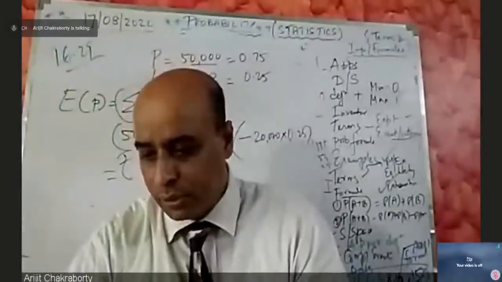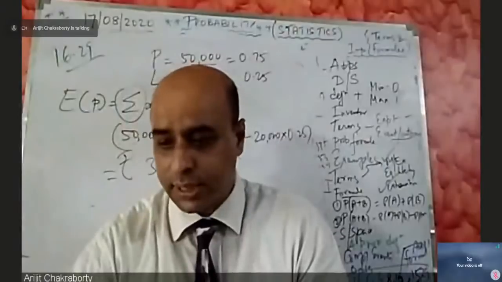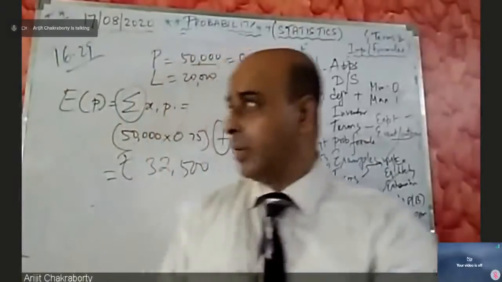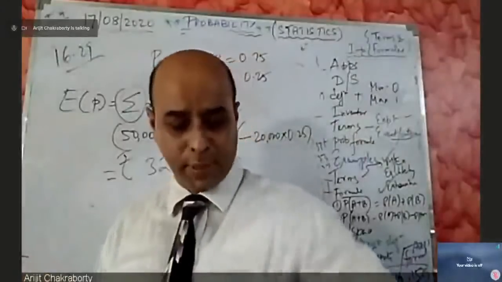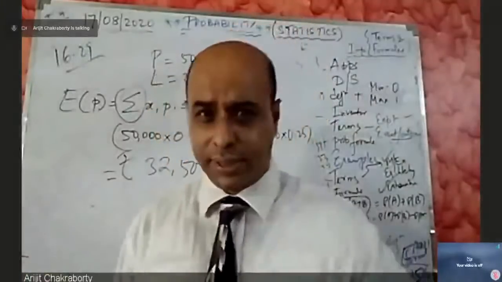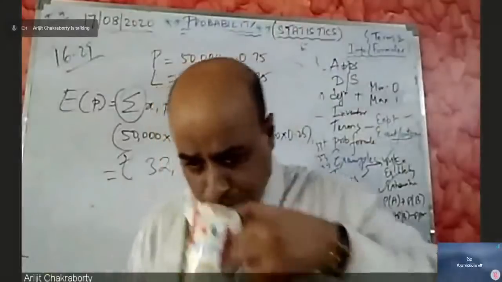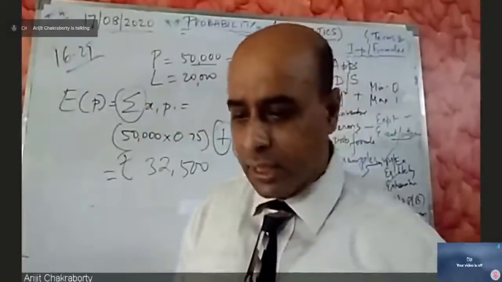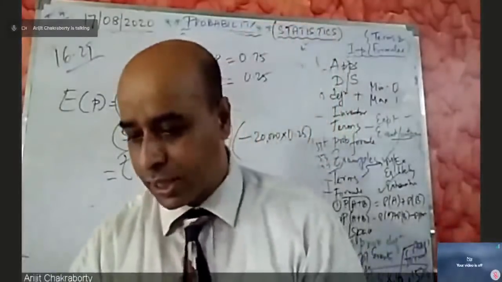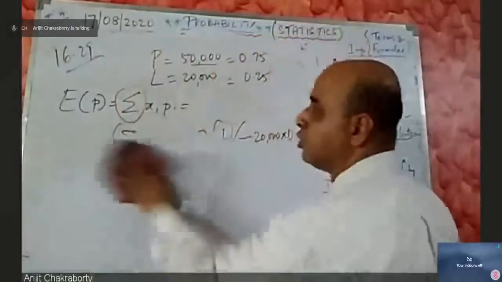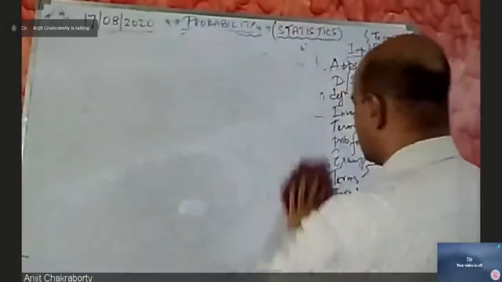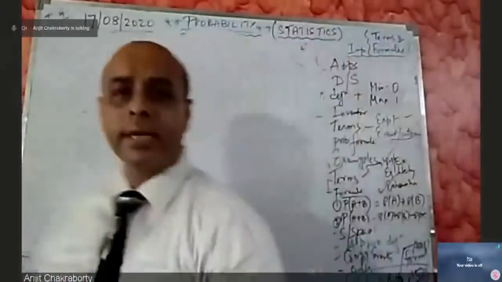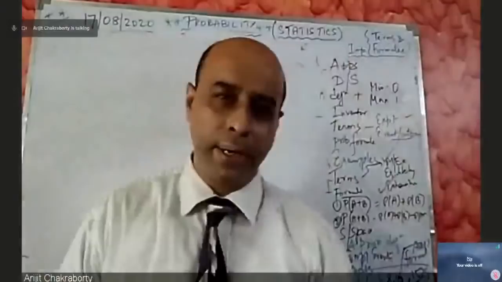Now let me take a few questions. I am first going to exercise 16, set A. Let me have a look at the time, 4:15, so expected to complete at around 4:30. I am taking a few questions from set A. We have done all the formulas, including conditional probability, joint probability, compound probability.